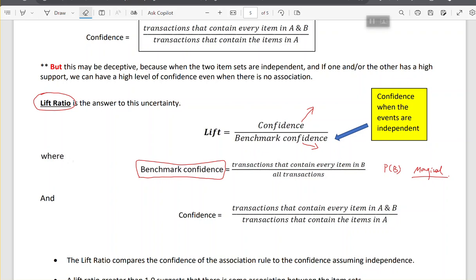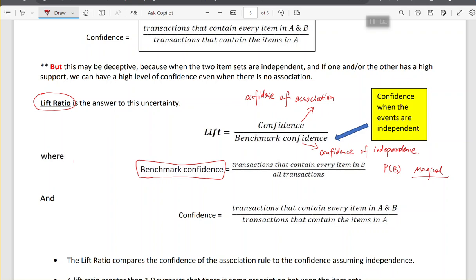So if you take the ratio of these two kinds of confidence, at the top we are assuming that they have some association, so the top is the confidence of their association. And the bottom is the confidence of their independence.